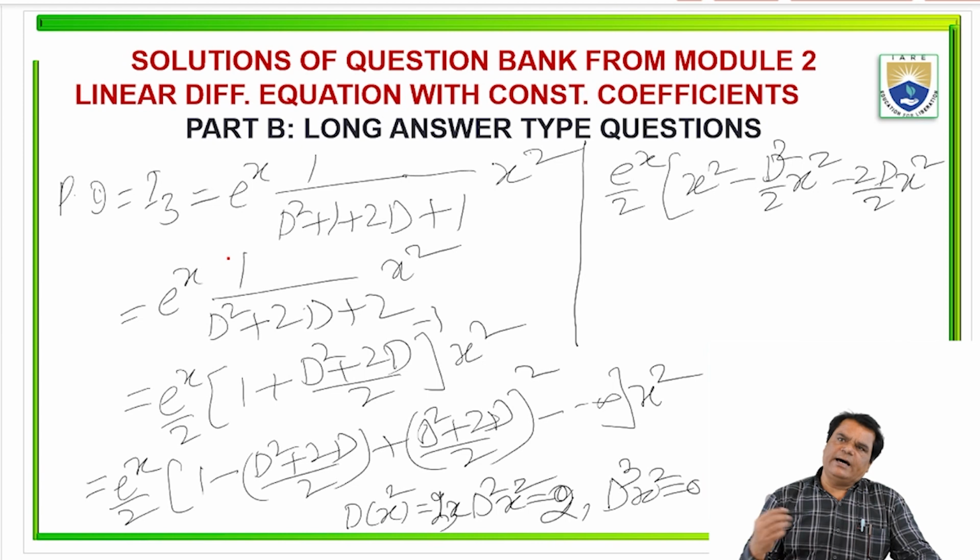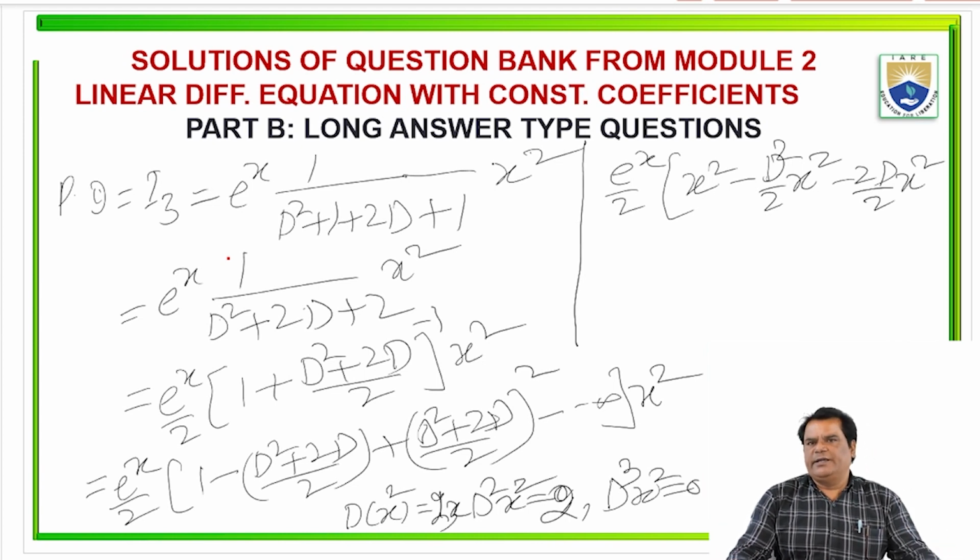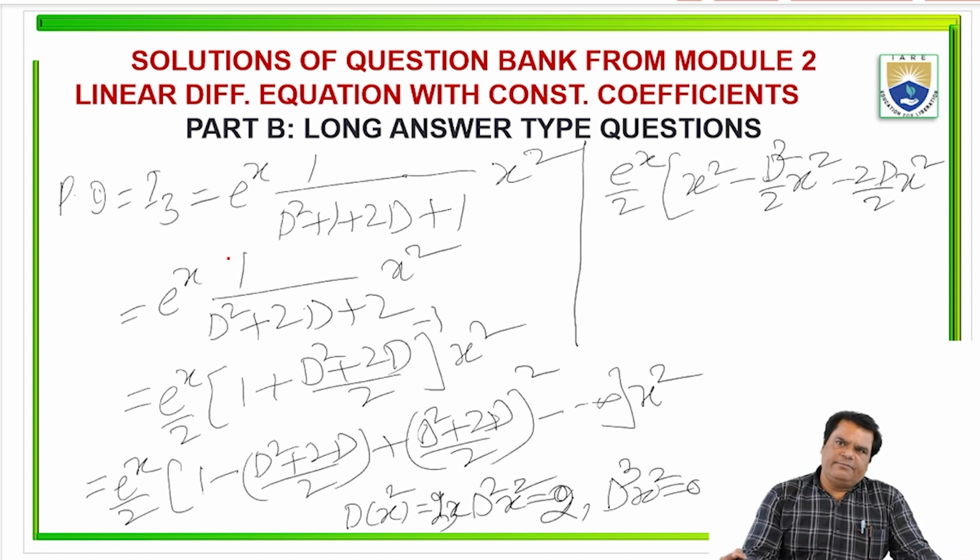So D cube and higher terms are neglected. Only D and D square we are taking here, the first derivative and second derivative. Other higher derivatives are 0. So in this result, only 4D square by 4 plus 4D square by 4 times x square. This is closed.